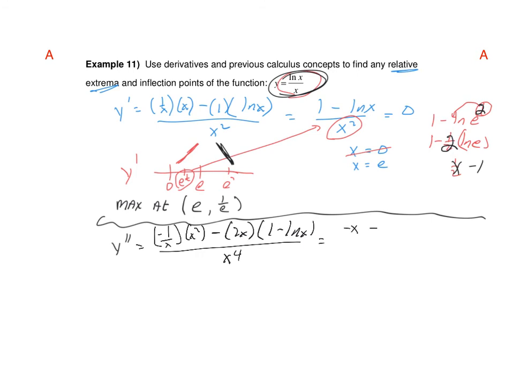Let's see if we can simplify here. Let's see, this would be a negative 3x.